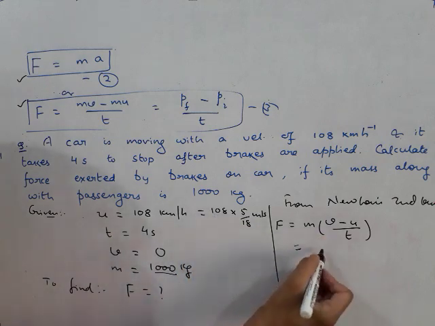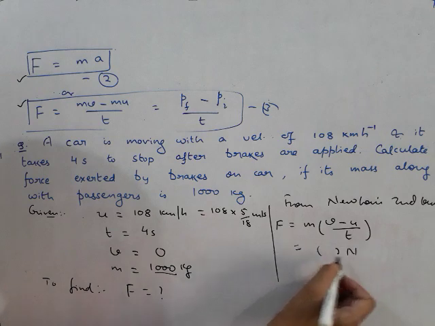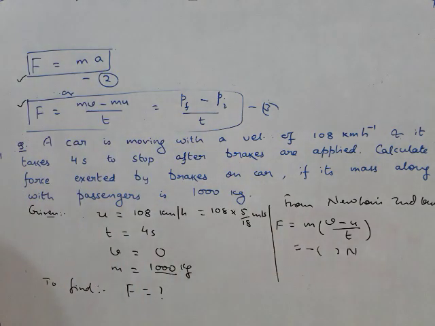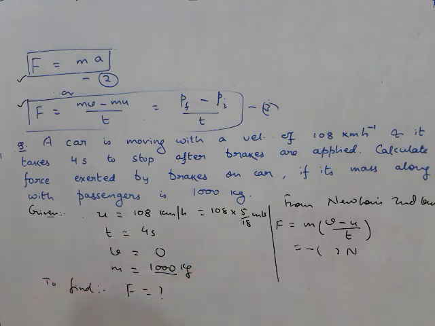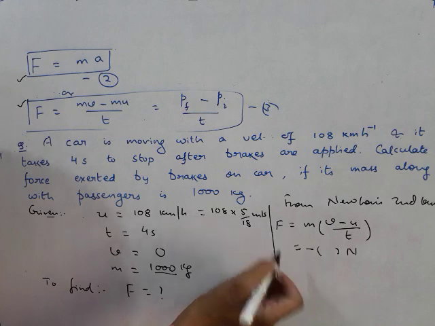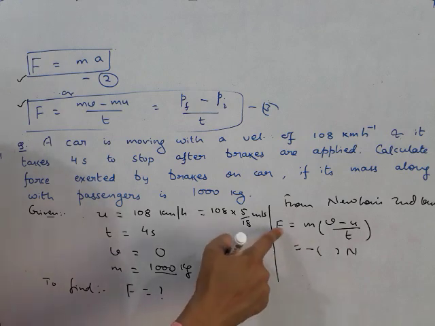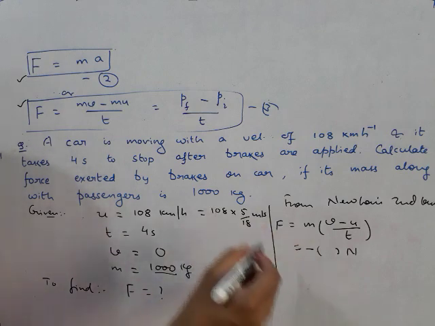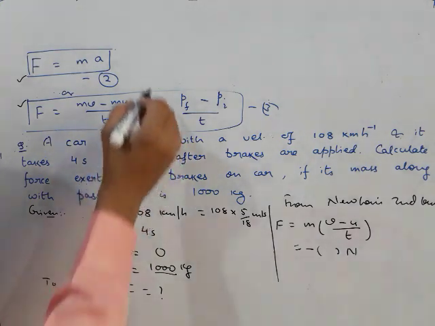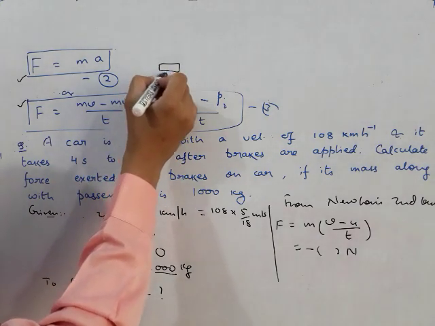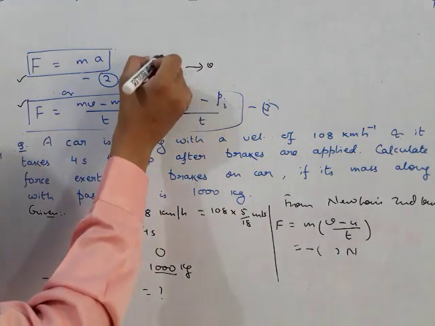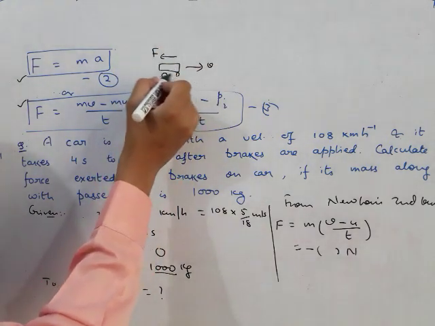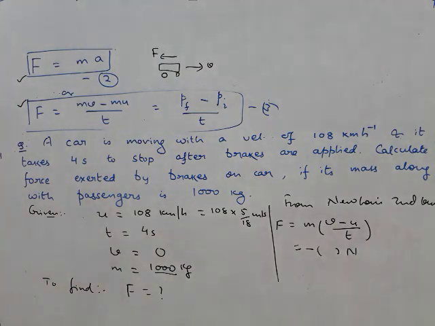Because it is 0 minus something, on calculating you will get the answer in Newton and you will get a negative value. What does this minus sign indicate? Whenever your acceleration or force comes out to be negative, it means it is in a direction opposite to the direction of motion of the car. If your car is moving towards the right, then on applying brakes, the force is applied by the road on the tires in the opposite direction.